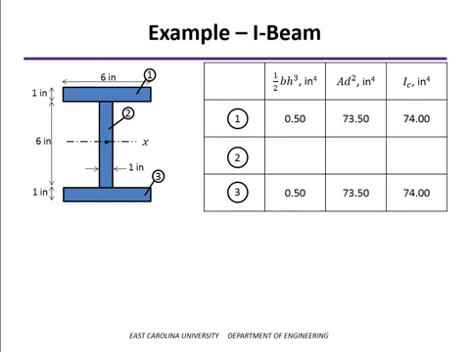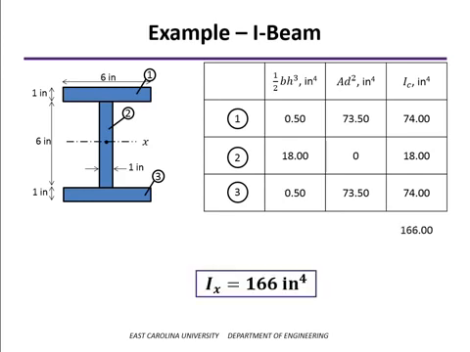And of course, the two flanges, those values are exactly the same. If we look at the web, the 1/12 bh cubed, of course, is relatively large because of its height there being cubed, and it lies right on the x-axis at centroid, so the AD squared term is 0. And again, when we add everything together, we get 166 inches to the fourth, so the same result.